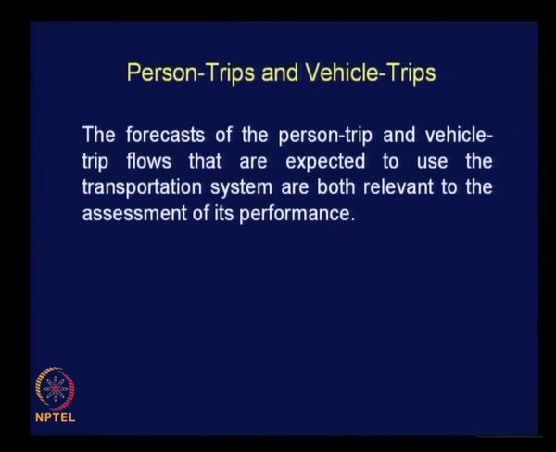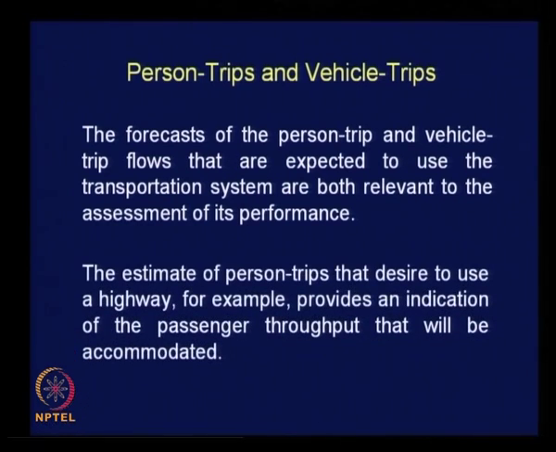Person trips and vehicle trips. The forecast of the person trip and vehicle trip flows that are expected to use the transportation system are both relevant to the assessment of its performance. If we talk about the system in general, we need to have information both about person trips as well as vehicle trips.